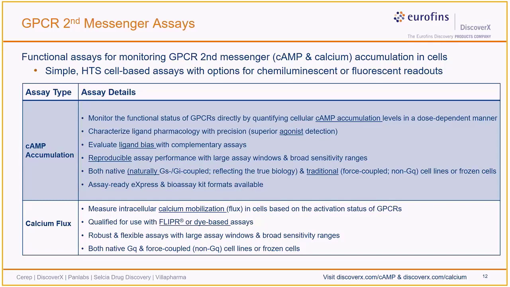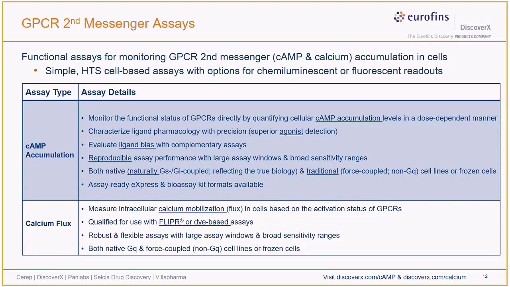The performance is reproducible, and it has all the lovely characteristics of the EFC technology, such as large assay windows and broad sensitivity ranges, and is very specific to the target of interest. The format of these is chemiluminescent or fluorescent. Chemiluminescent uses that EFC technology. Fluorescent would be using an HTRF type of readout.